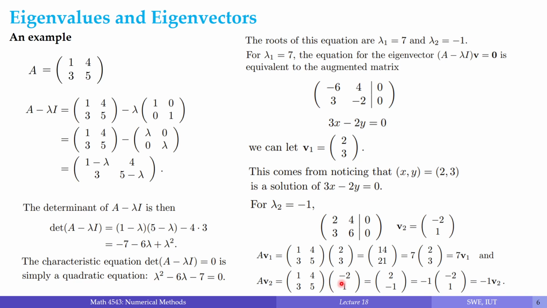Again, if I multiply by minus 2, 1 that I got as my value for v2, we get 2 and minus 1. So how do we obtain 2 and minus 1? We just take whatever vector we have and flip it to the exact opposite direction. The opposite vector of minus 2 and 1 is of course 2 and minus 1. So if I multiply minus 1 with my eigenvector over here, I get minus 2 and 1.